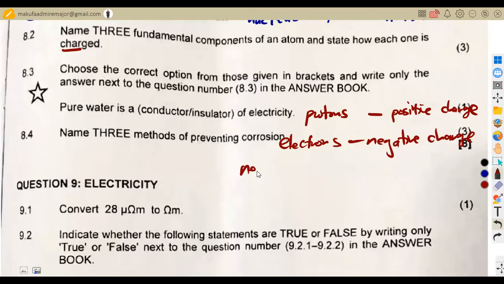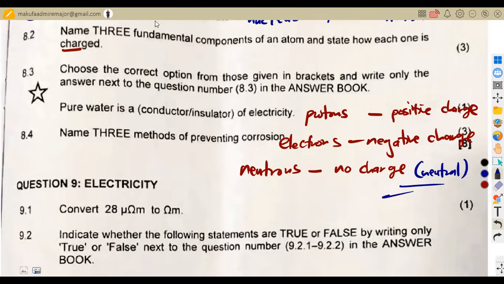We take the neutrons. These ones are neutral, so they do not have a charge. All right, so these are the components that we are being asked about.